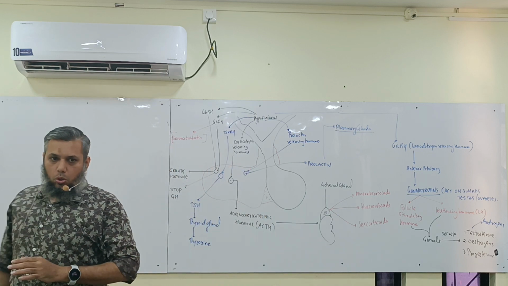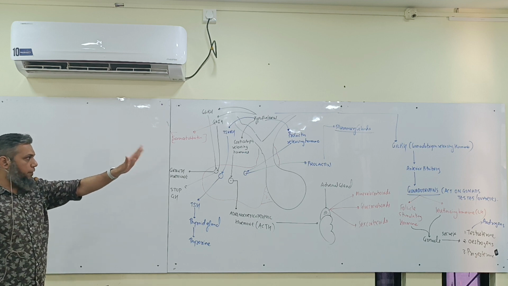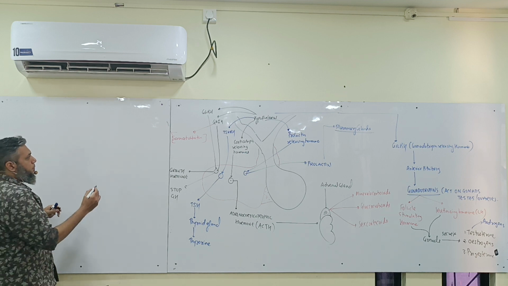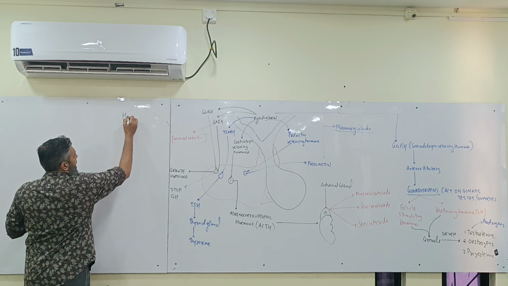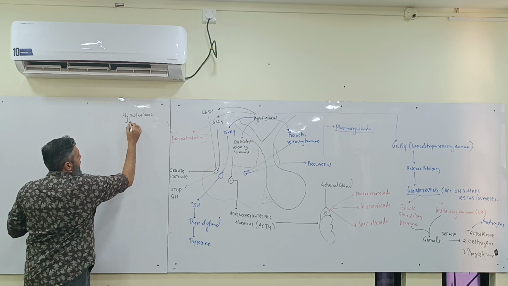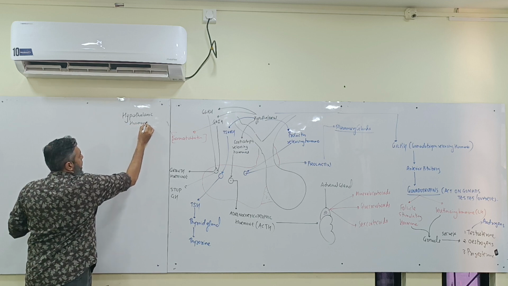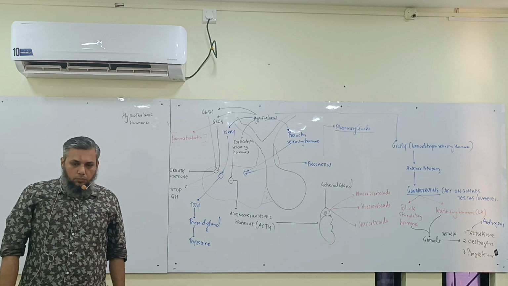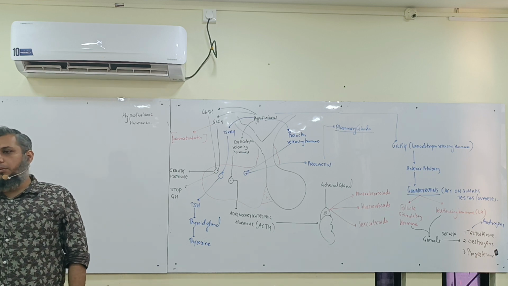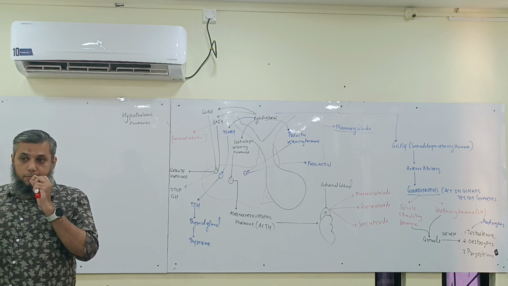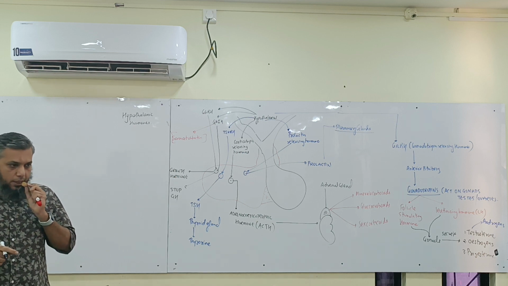Yes or no? Okay. Now let us see the summary of what I have written over there. How will we summarize this? Let us make a list of hypothalamic hormones. पहले किसकी लिस्ट बना रहे हैं हम लोग? क्या मतलब होता है hypothalamic hormones का? वो hormones which are released by the hypothalamus.